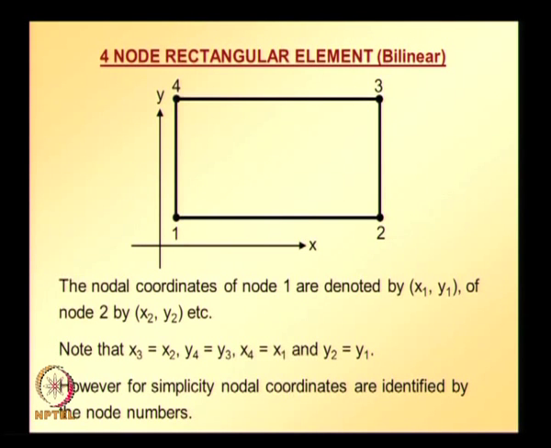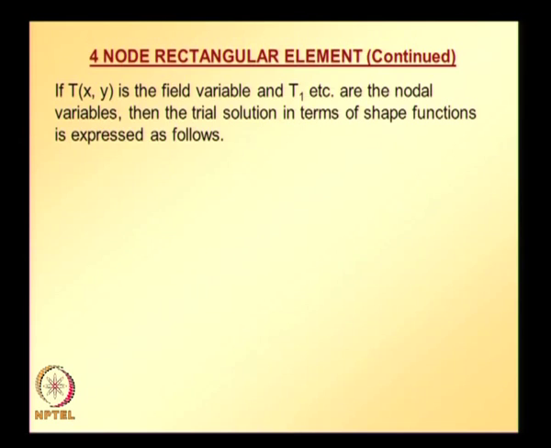So now let us see how to derive shape functions for this particular element. If T is the field variable and T1, T2, T3, T4 etc. are the nodal variables, then the trial solution in terms of shape functions is expressed as follows.